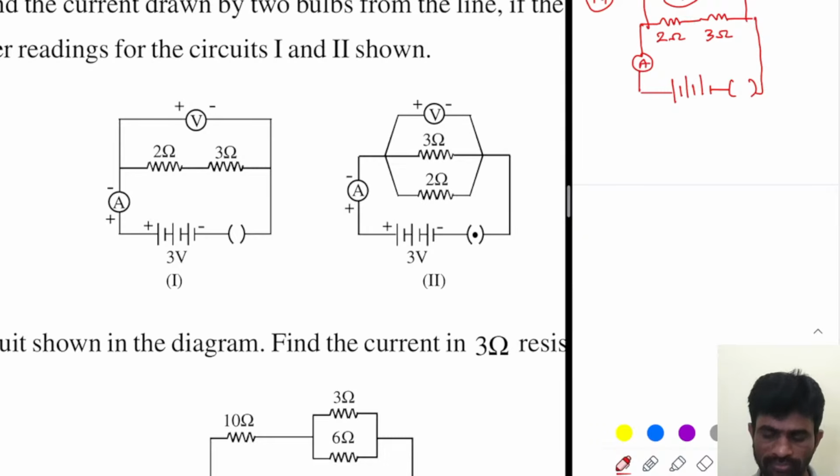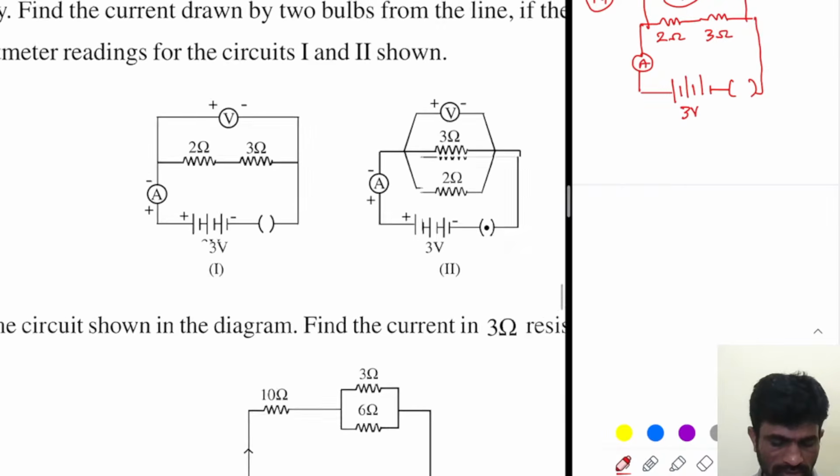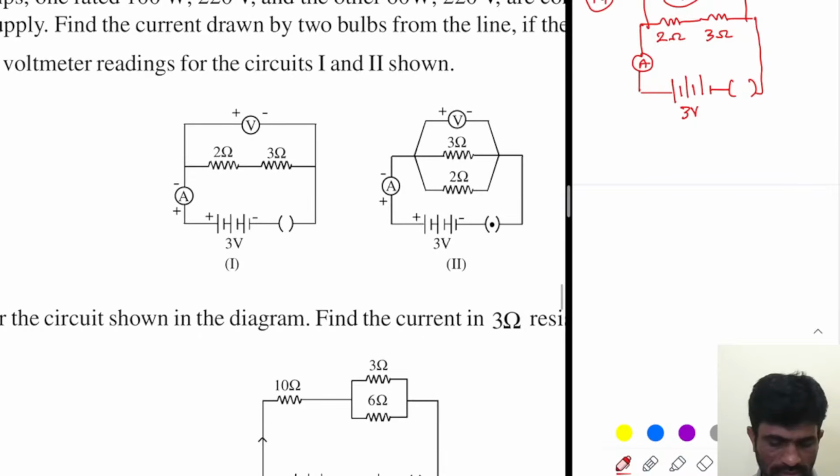So what we must do, we find out the total resistance, we get 5 ohms, and we get some voltage. Here the voltage is given as 3 volts. So what happens here in the first case, V will be divided as V1 plus V2 because they are connected in series.